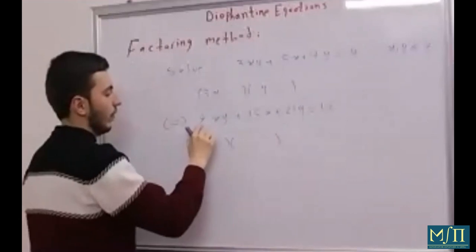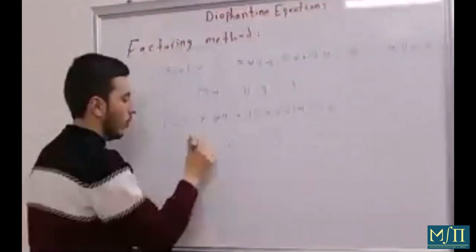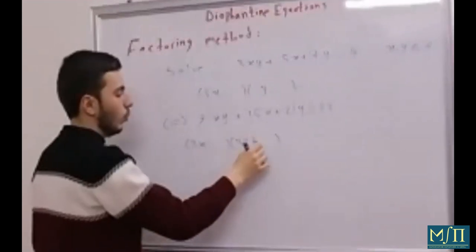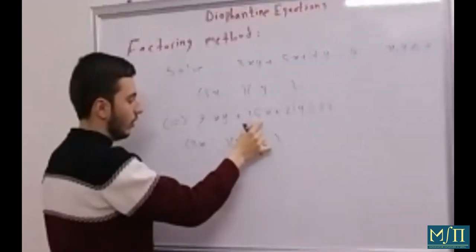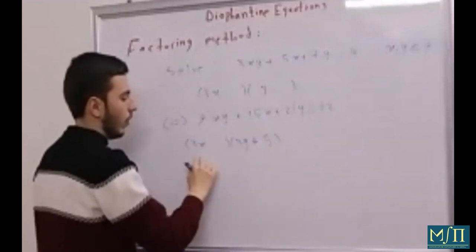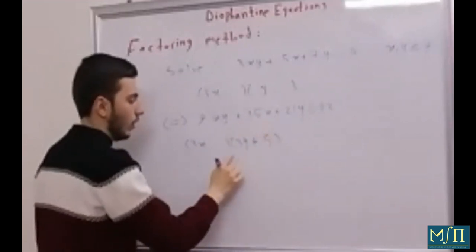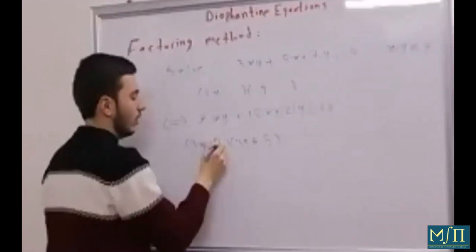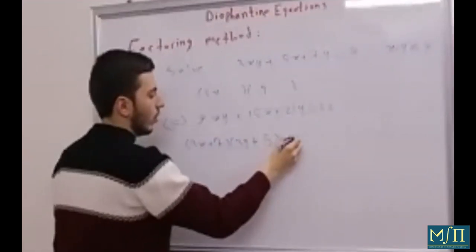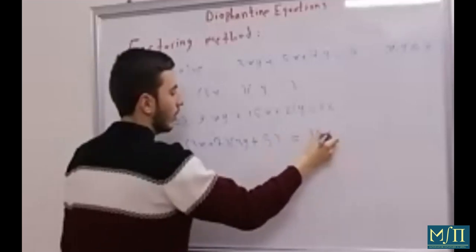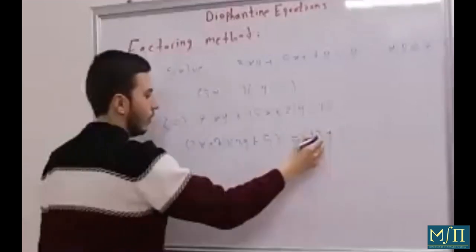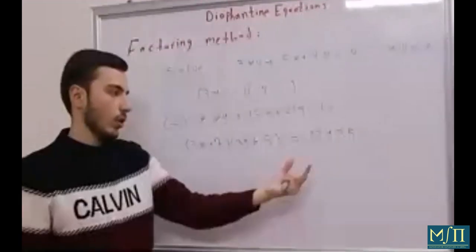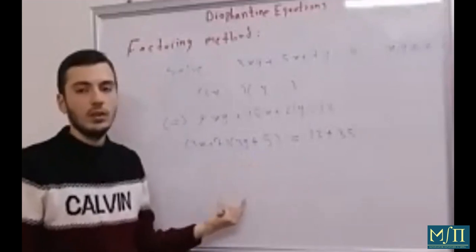Since we have 9 times x times y, we have 3 times x, 3 times y. And here, what do we need to get 15? 5, right? 3 times 5 is 15. What should we write here? Since we have 21, we write 7. So now we have this equals 12 plus 35. Okay, and now we write this number and discuss the divisors and just solve it as we did earlier.